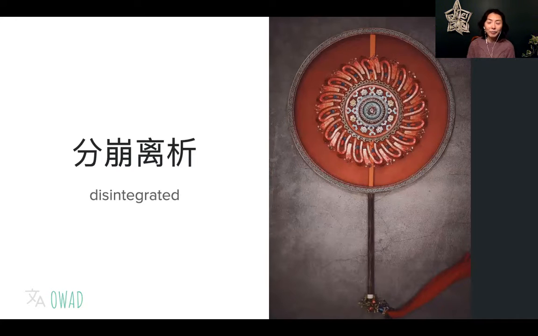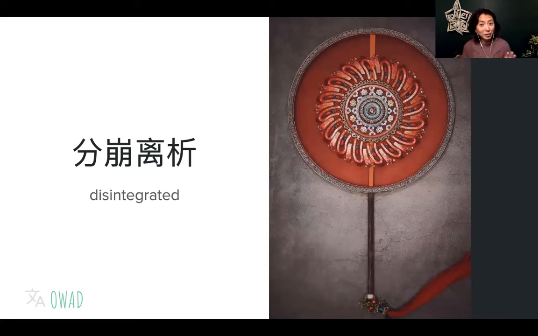Disintegrated, either an entity, organization, institution, or life, or some event, some synergy of doing something and then disintegrating, people parting ways, doing different things.